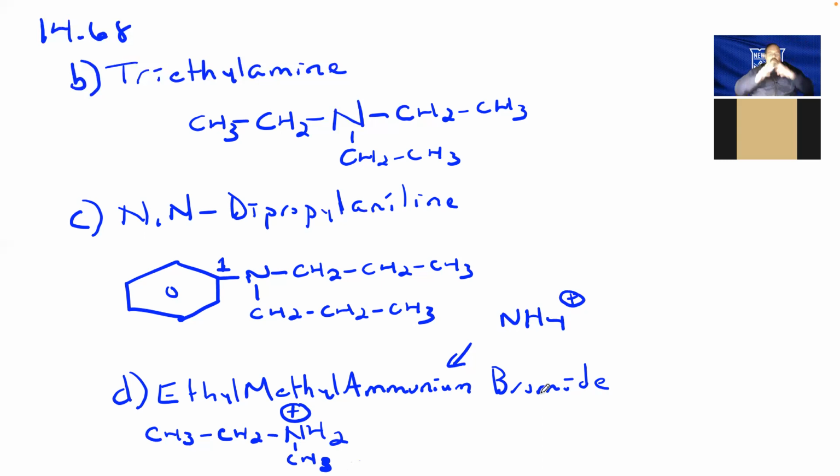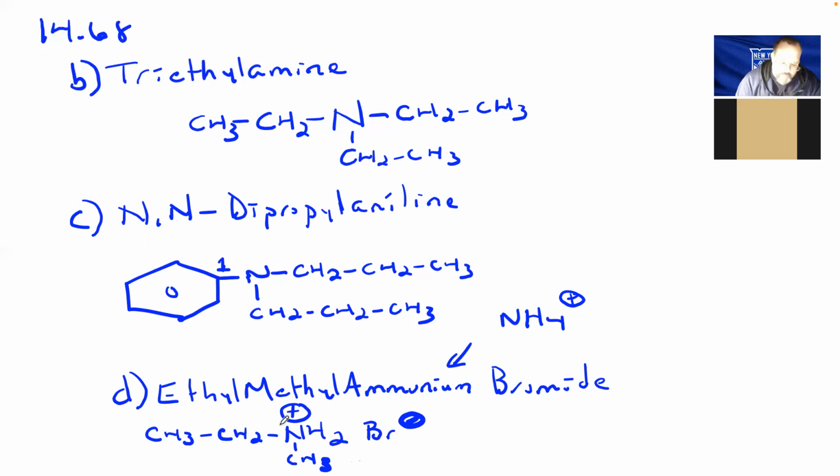Based on the name, what's going to be the anion present so that the overall charge adds to 0, because for a compound, you have to have the overall charge add to 0? Bromide is what ion? Br minus. And again, I wouldn't try to sneak it in the middle of the structure. By showing the charges, you're indicating that there's an ionic bond that's present. So ethyl, methyl, ammonium, bromide.